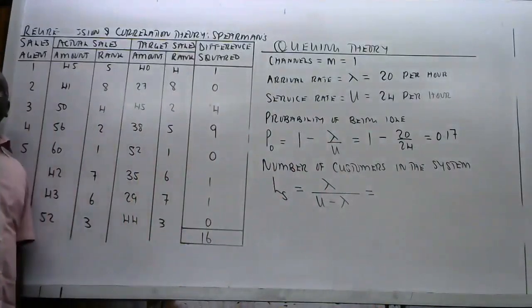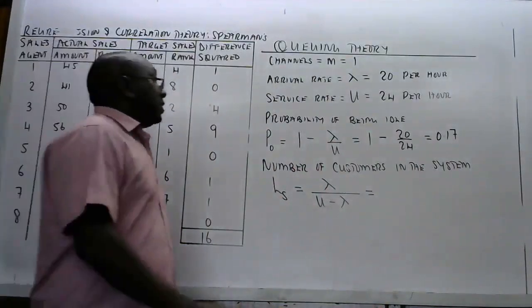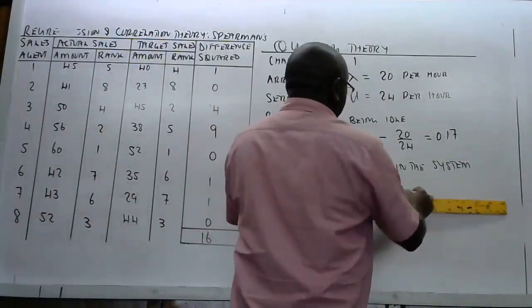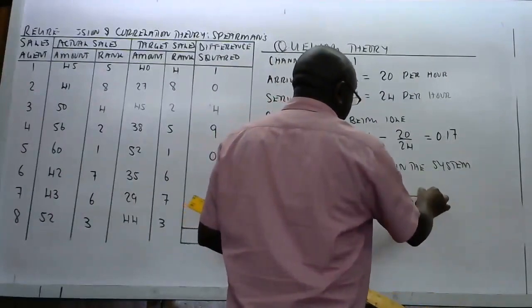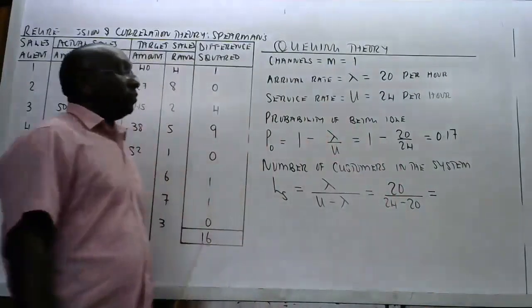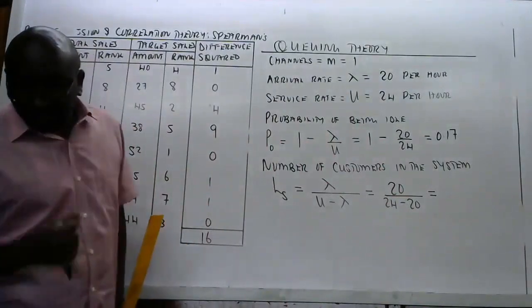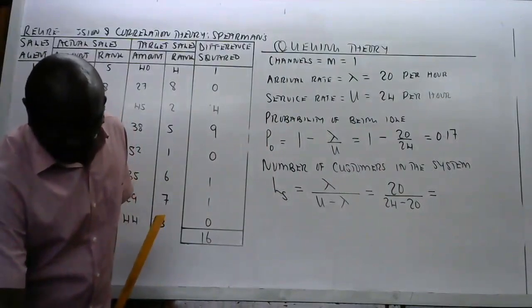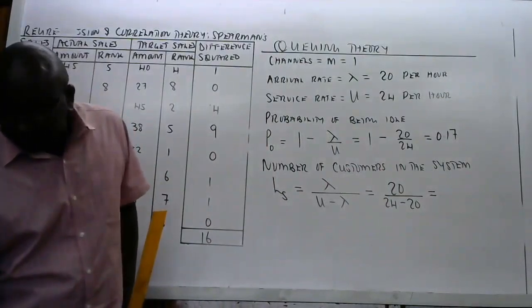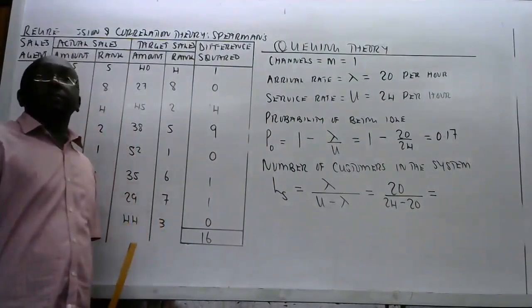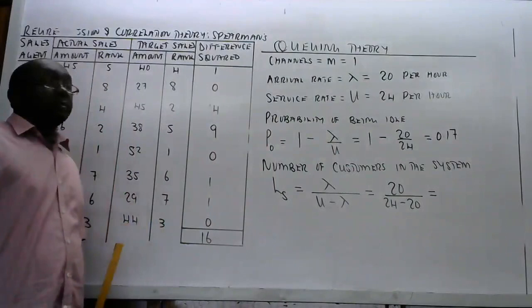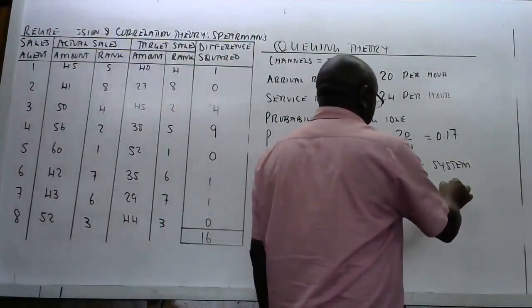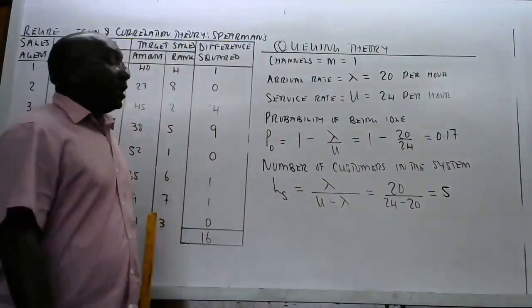So this then will be 20 divided by 24 minus 20. That is 5 customers.